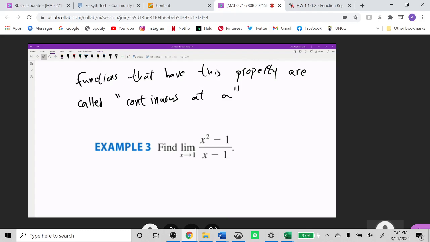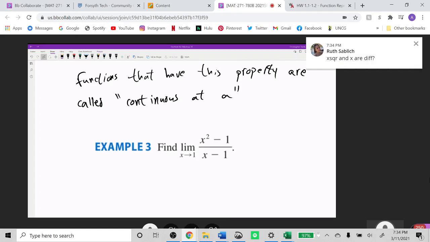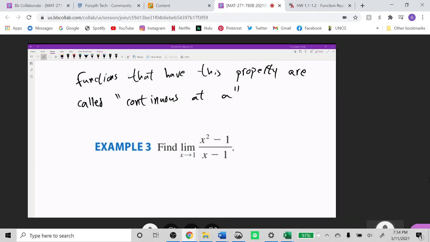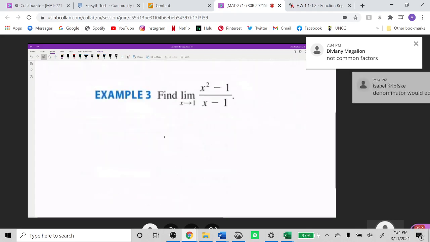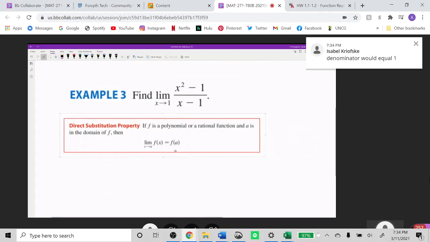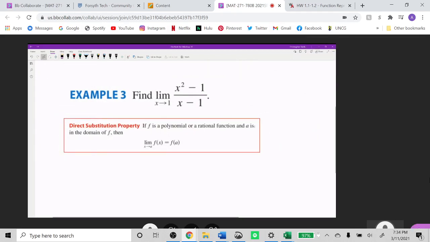Why can't I use direct substitution? What part of this direct substitution property is not satisfied? Or what part does this break here?